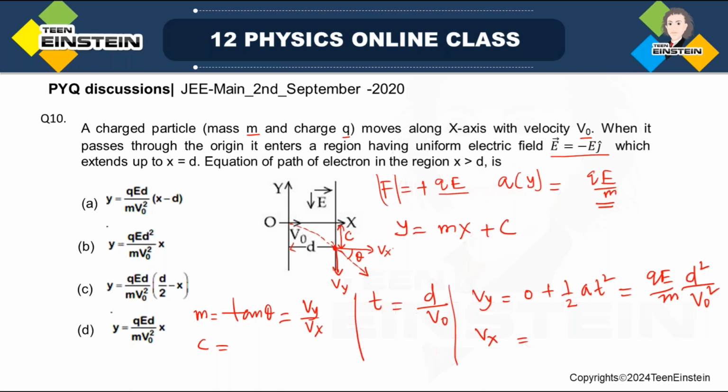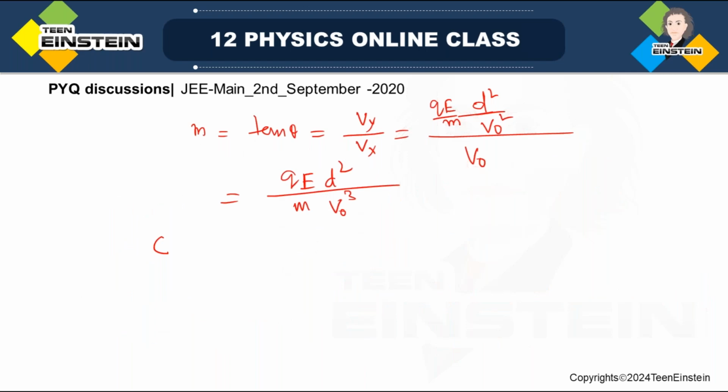Vt is equal to d, fine. I hope it is okay. So let us go ahead. C is actually the displacement in the y direction, 0 plus half a t square.